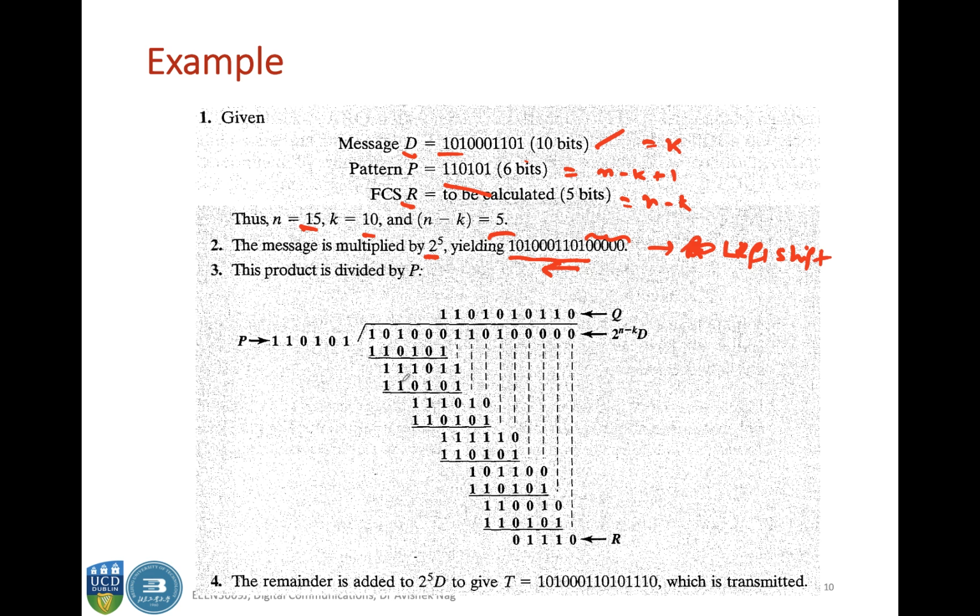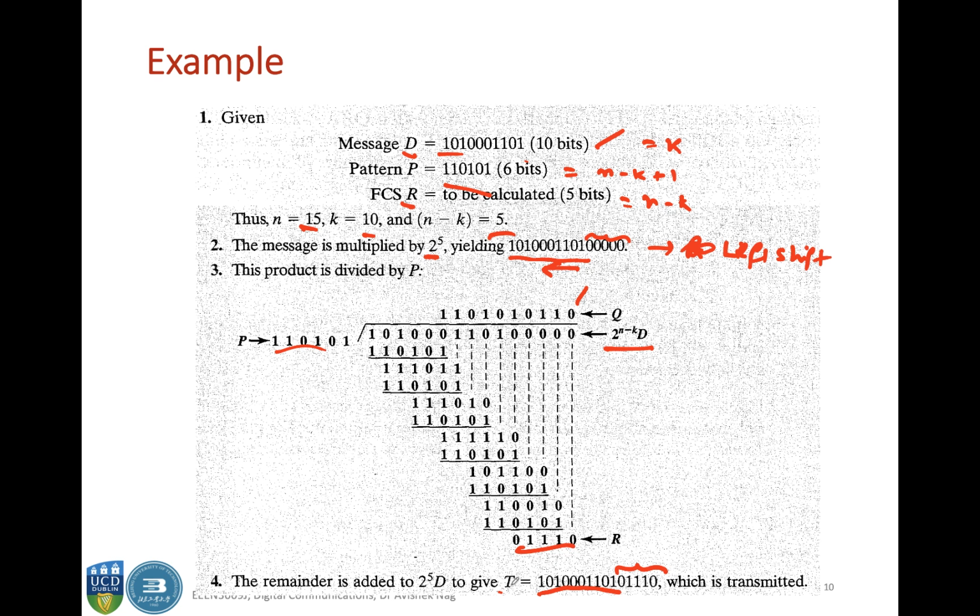So now if you divide this 2 to the power n minus k d with p, then you will have this quotient q and this remainder r, 0 1 1 1 0. So if the remainder is now added to 2 to the power 5 times d, then you will get t, which is now the original message, and then whatever is the remainder that you got, 0 1 1 1 0.